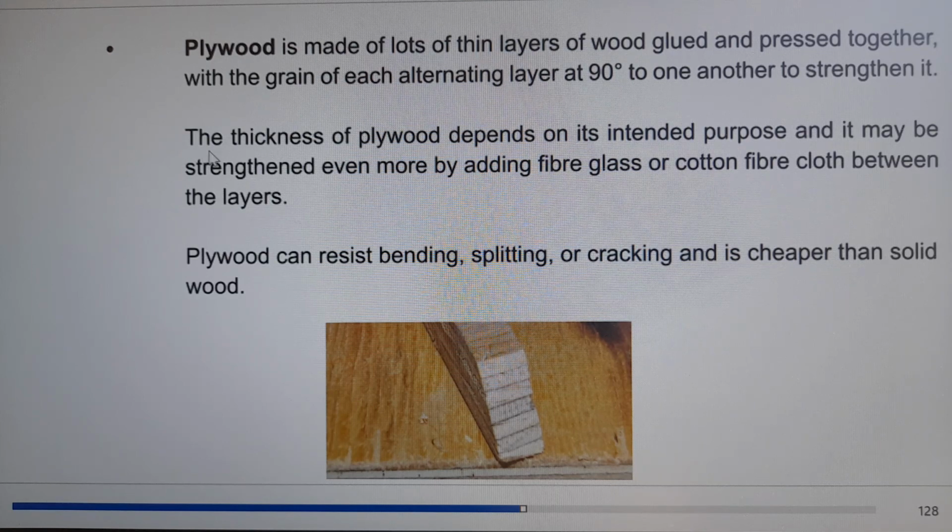So you must know, if you are asked how can plywood be strengthened, it can be strengthened by adding fiberglass or adding cotton fiber cloth between the layers. Plywood can resist bending, splitting, or cracking and is cheaper than solid wood.